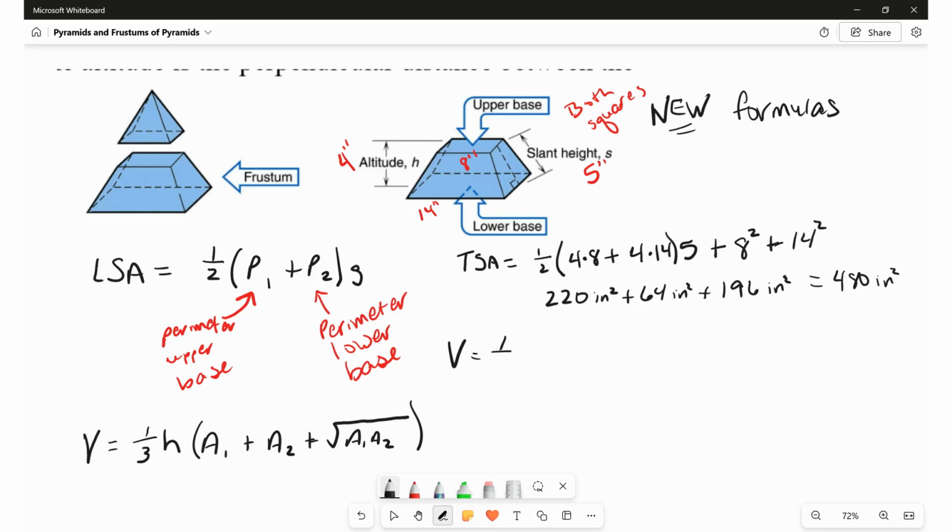Now, in order to find the volume, 1/3 times the height, which is 4, times the area of the upper base plus the area of the lower base plus the square root of these two, 64 times 196.